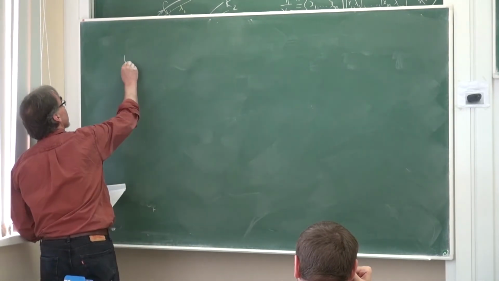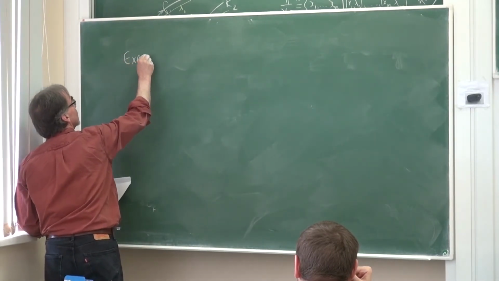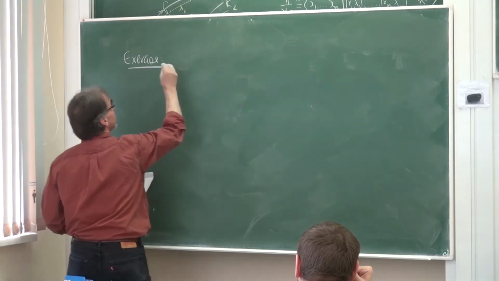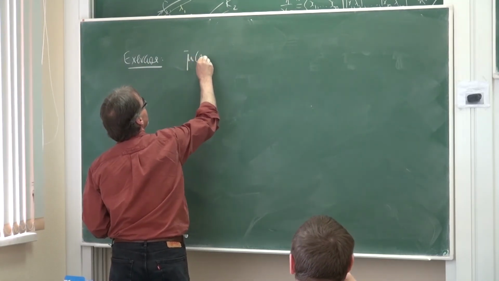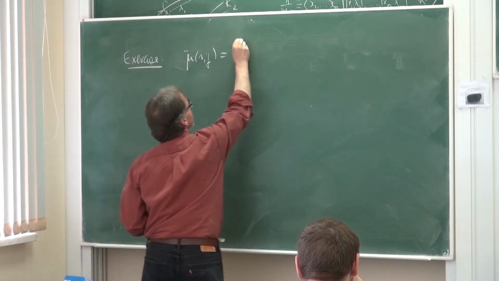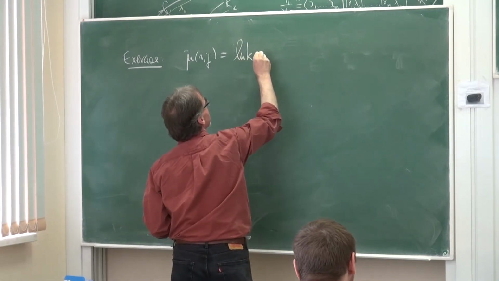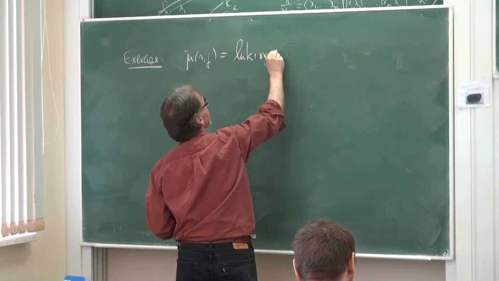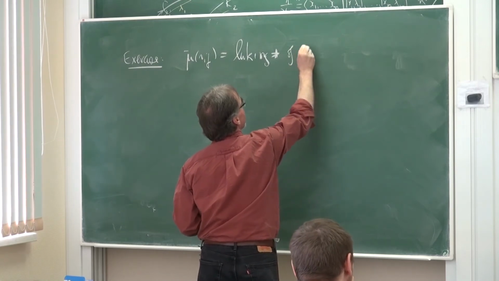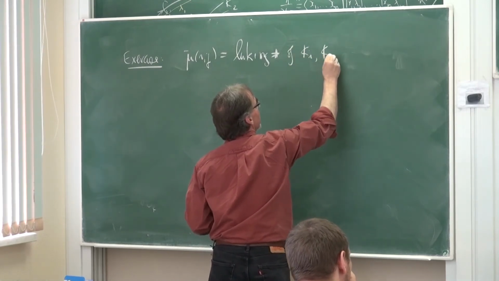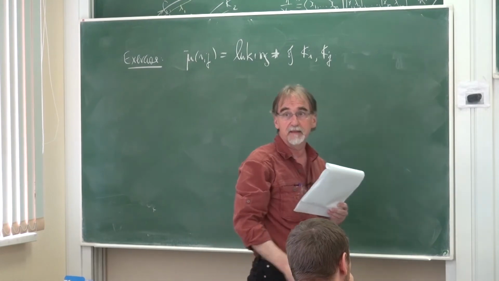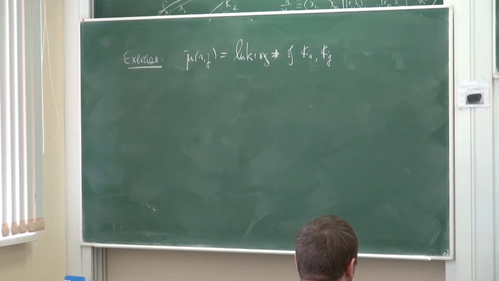So here's a little exercise for you to think about. The Milner invariant mu bar of ij is the linking number of ki and kj. I take the ith and jth components of my link and compute the linking number. Those are the Milner invariants of length 2.